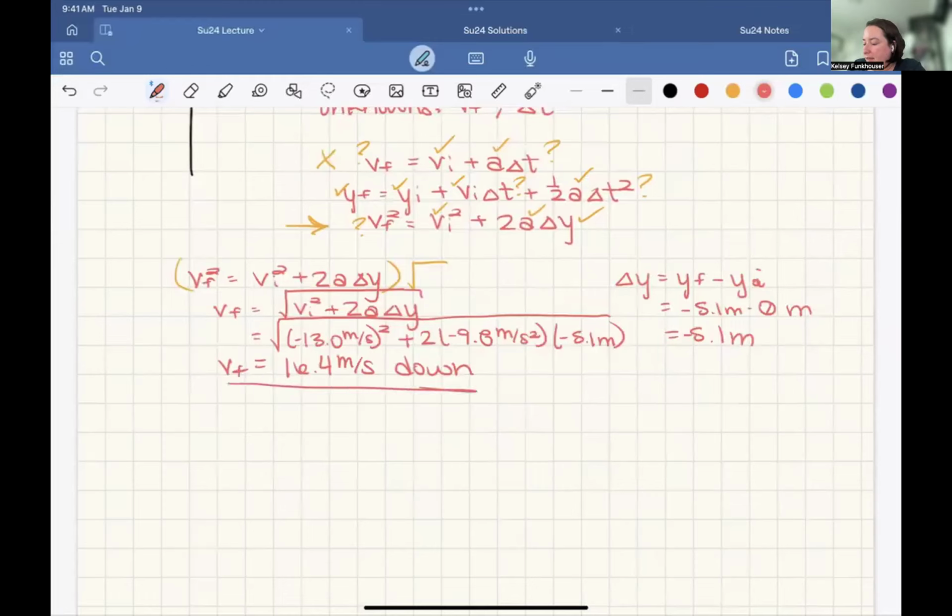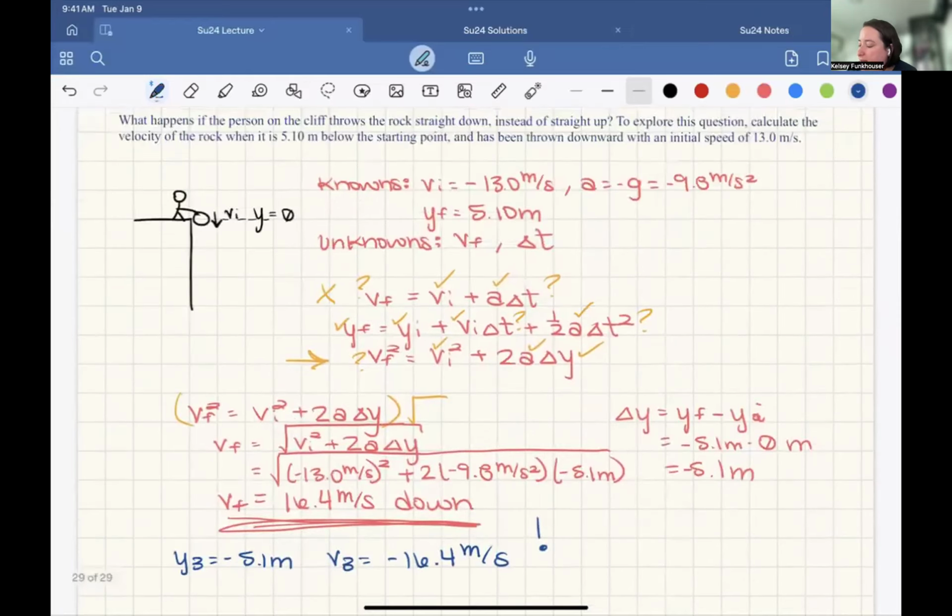And would you look at that? That is the same thing we got for position 3, which was negative 5.1 meters, and velocity 3 was negative 16.4 meters per second. So that's interesting. We got the same thing as before.